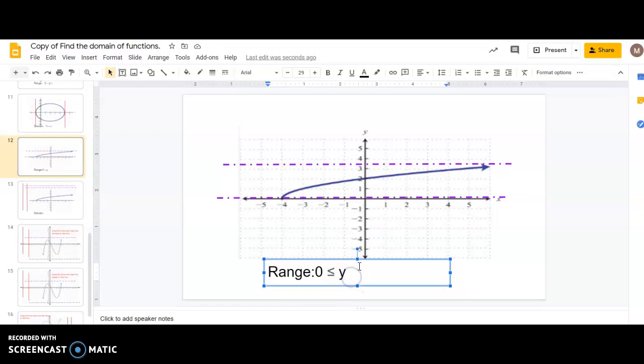And then here we were supposed to put less than or equal to, and it looks like it stops at 3, but it doesn't because of the arrow. Technically, it goes to positive infinity because it keeps going up.